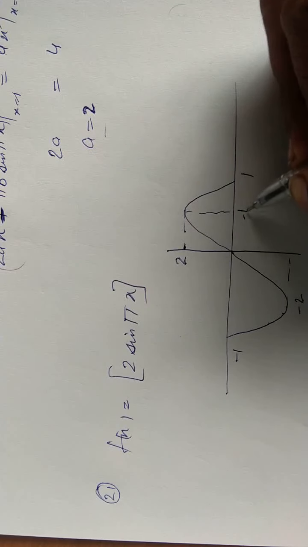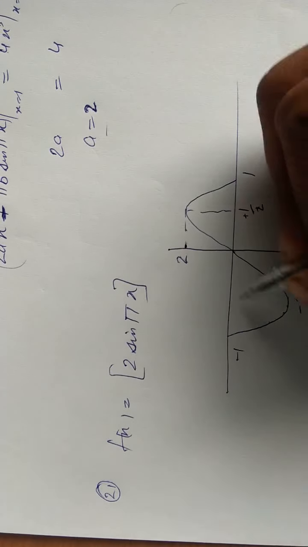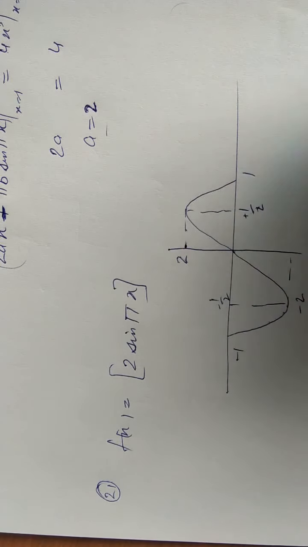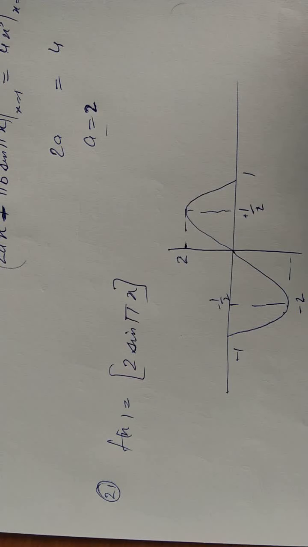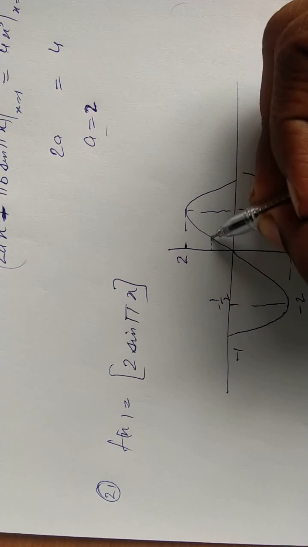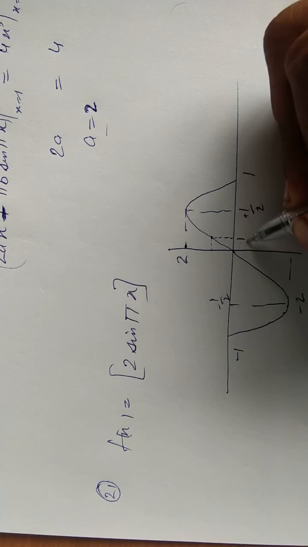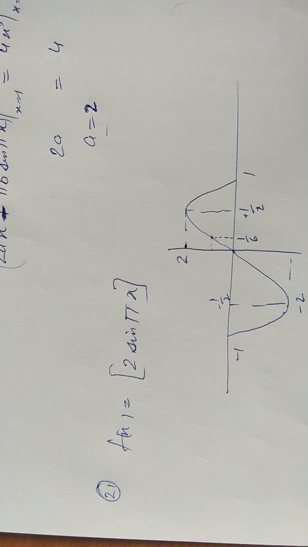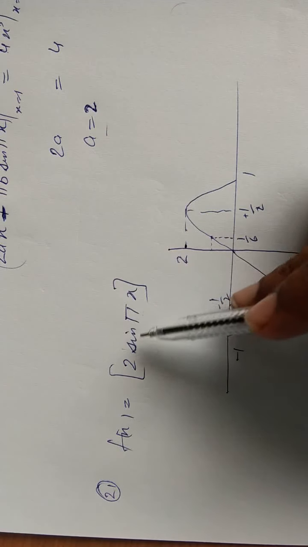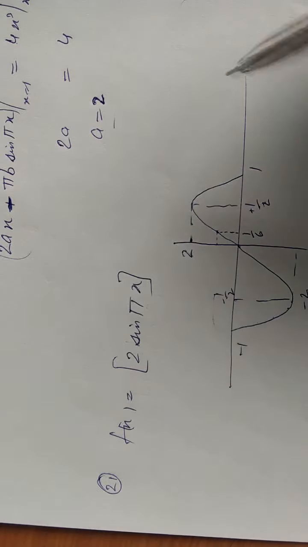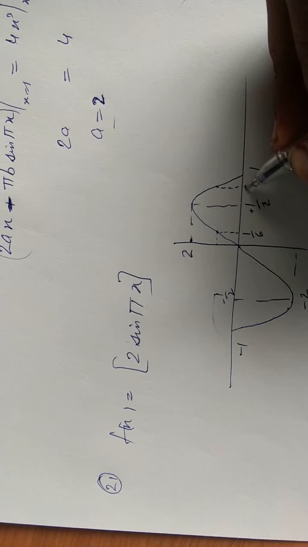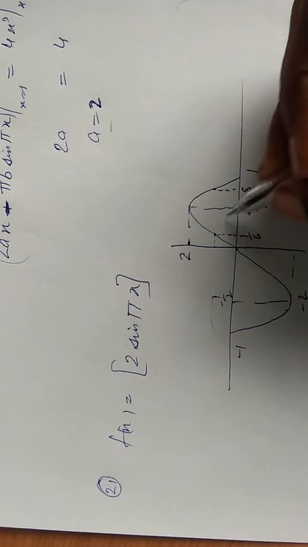Maximum value would be at half plus half, minimum at minus half, and this will achieve the value 1 when x is equal to 1 by 6, which becomes sin π/6, which is half. So this achieves value 1, and this will be 5 by 6.